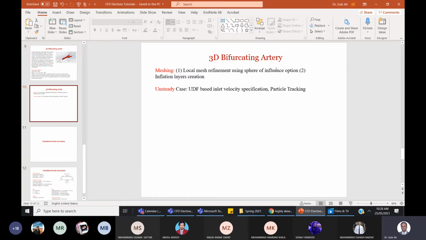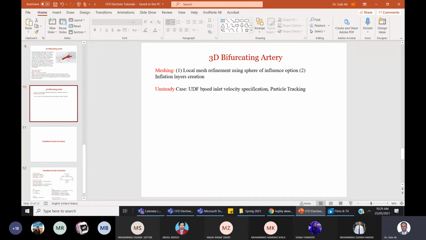So a hybrid mesh will be generated, and you will see how we can create a hybrid mesh using inflation layers. Again, this tutorial has two parts: a steady one and an unsteady one.